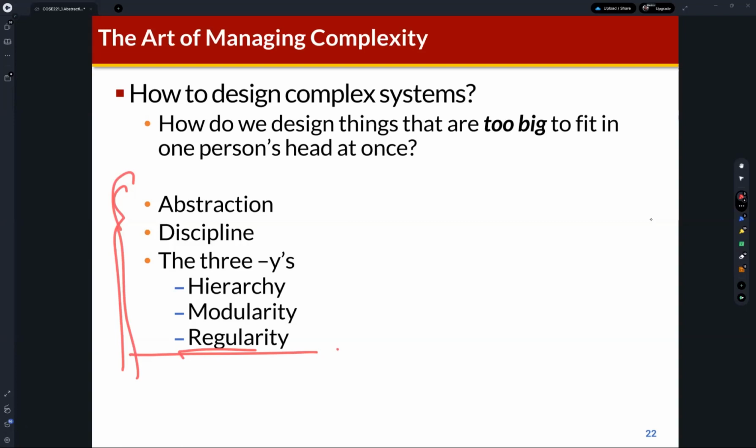So we will learn about abstraction and discipline, and then the 3 Ys of digital design in today's class. Okay, it looks like this is the intro of today's class.